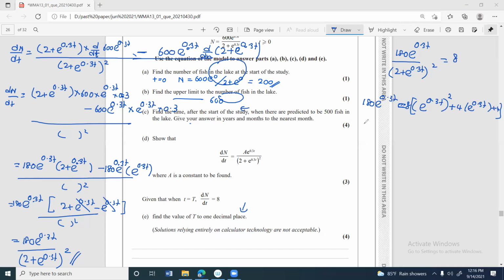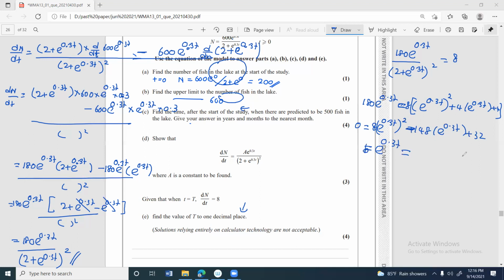Then if you bring all the terms to one side, equals to 8 (e to the power 0.3t) whole thing squared plus 32 minus 180, which is minus 148, 148 e to the power 0.3t plus 32 equals to 0. So from here, you can get the answer of e to the power 0.3t.